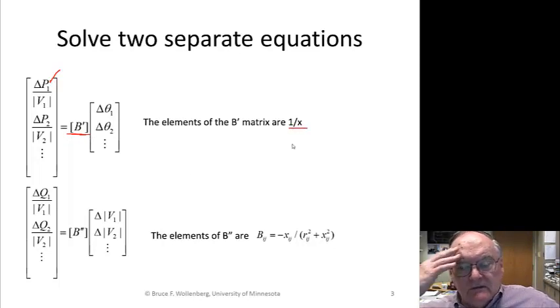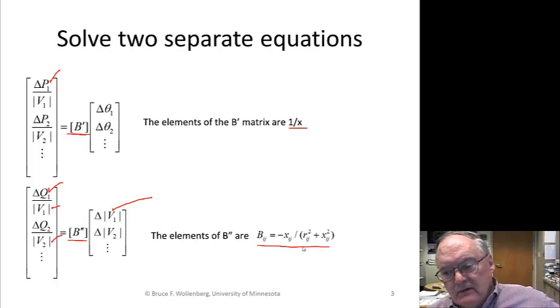It's the matrix where we ignore all of the conductance terms, and it only uses the susceptance. Whereas the B double prime matrix relates the delta Q and the delta V's. Of course, we divide by this V term over here again. And this is the actual susceptance for each line in the network.